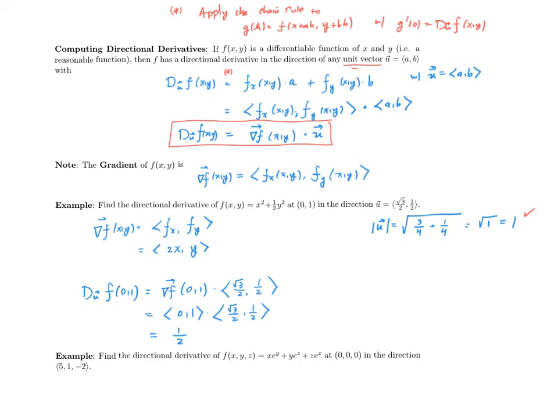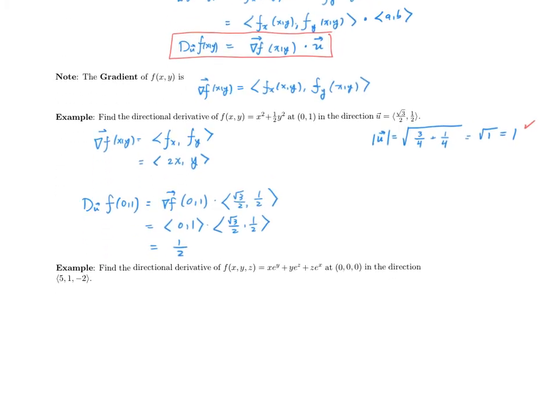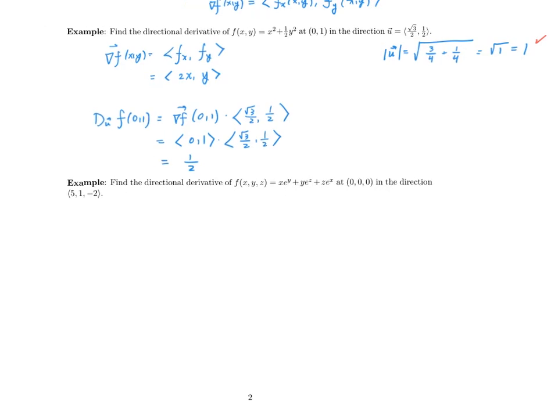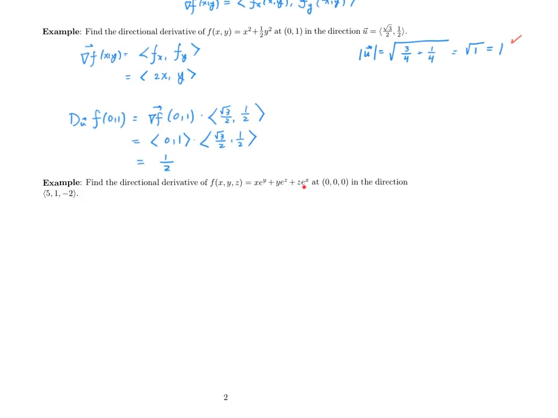One immediate generalization in terms of the types of questions we might ask would be to find a directional derivative involving a function of more than 2 variables, which is perfectly reasonable. Just to make sure we're all on the same page, for a function of 3 variables, the gradient vector would now have 3 entries: partial with respect to x, with respect to y, and with respect to z.